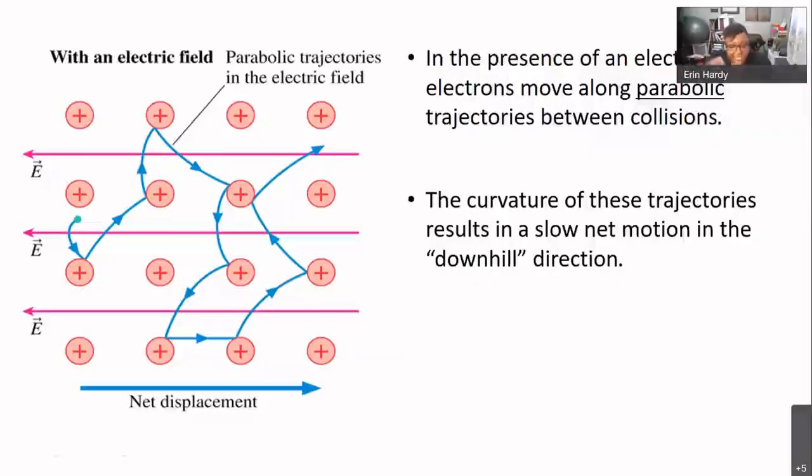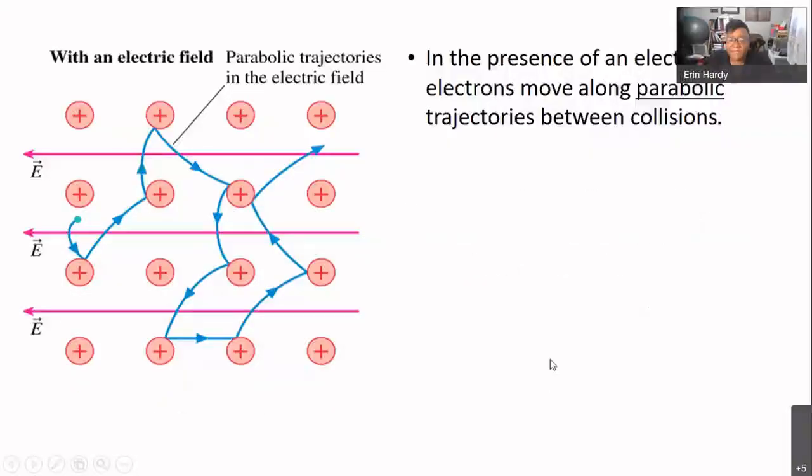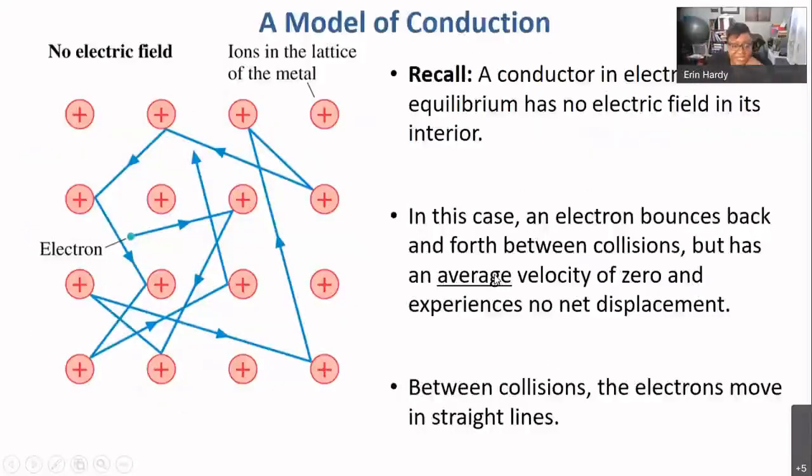If I let this particle undergo some collisions over some interval delta t, I would find that my net horizontal displacement isn't 0 anymore. It would be something that I can indicate with a displacement vector that would point toward the right. So the presence of this electric field on the interior of the conductor is what keeps me from having an average velocity equal to 0, which is the case when there's no electric field on the interior.